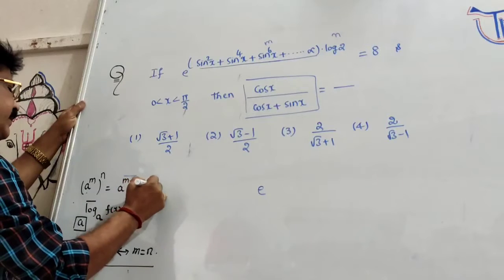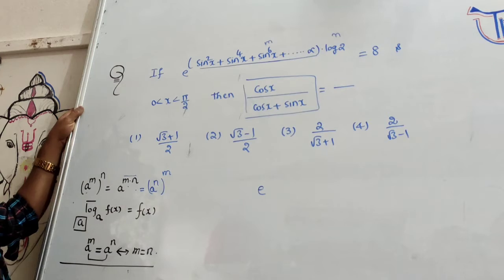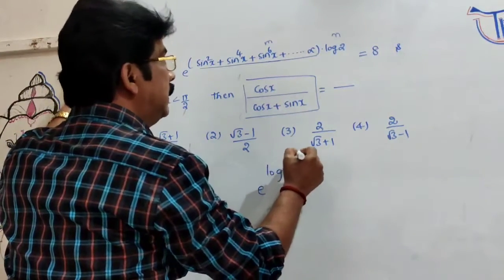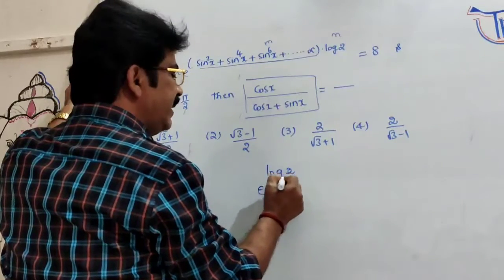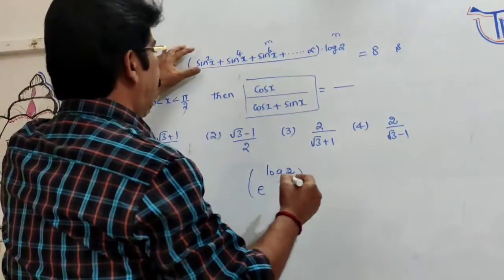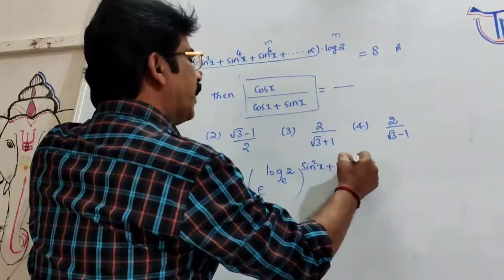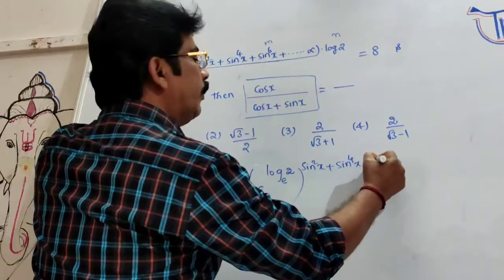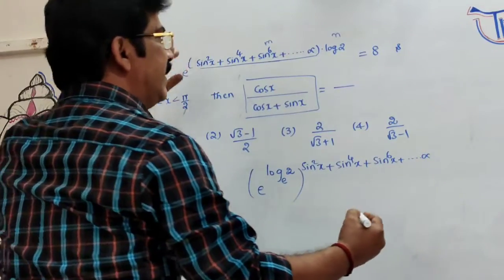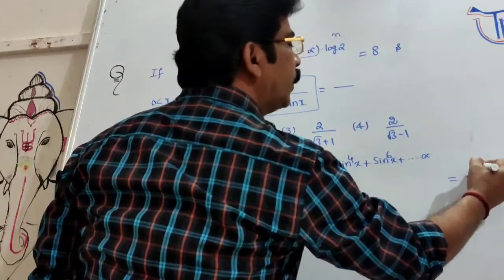It can be written as a to the power of n whole to the power of m also. Understand? Right. So we are writing log 2, base e, whole to the power of sin square x plus sin to the power of 4x plus sin to the power of 6x plus and so on infinity, that is equal to, okay, it can be written as 2 cubed.